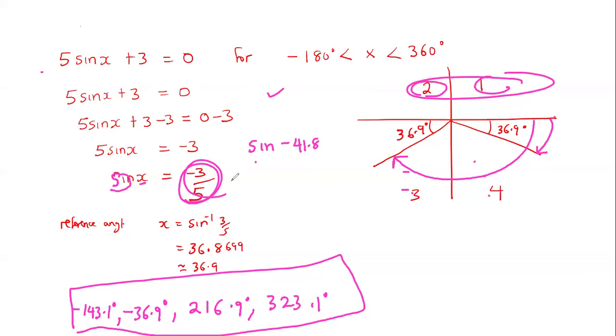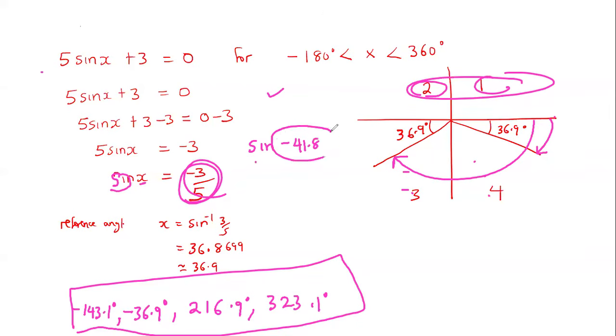Yes, it gives that because I changed that one to a decimal and it's negative 0.6. And what is negative 3 divided by 5? It's negative 0.6. Yes, accurately.